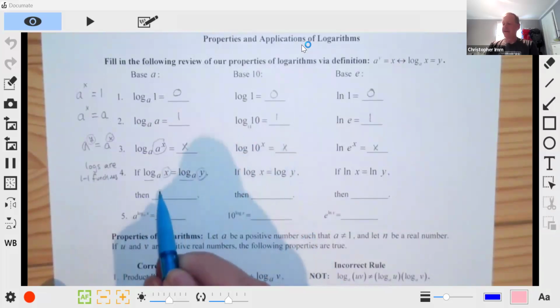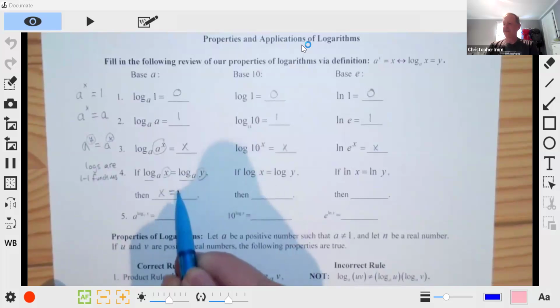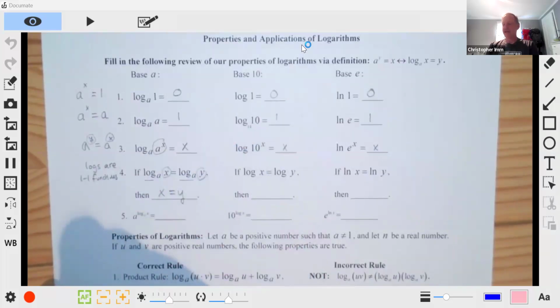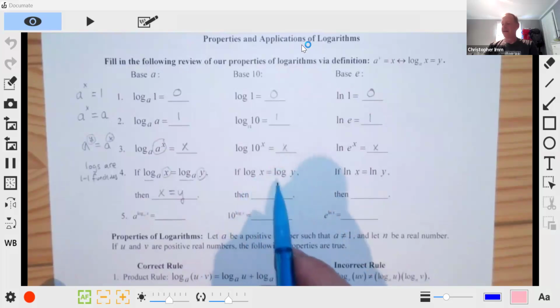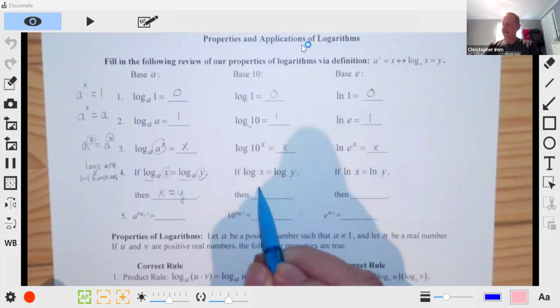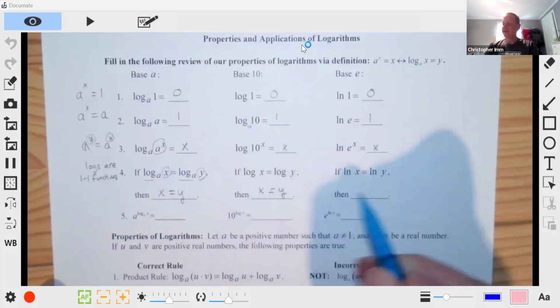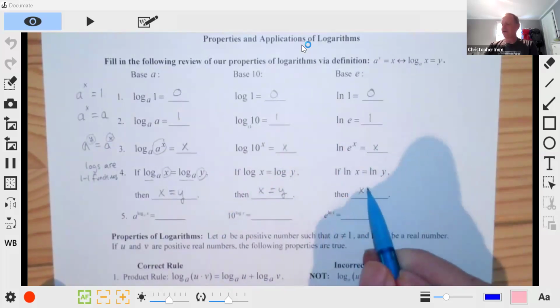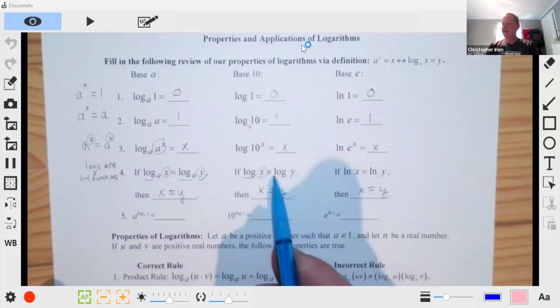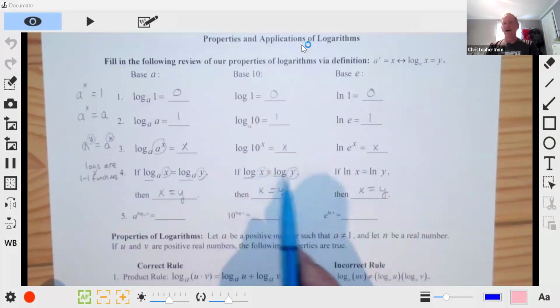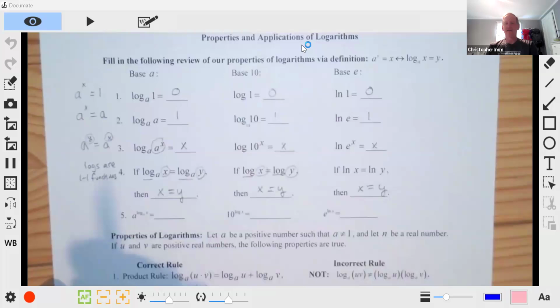So when the y values are equal to each other, since logs are one-to-one, their inputs are going to be equal to each other. So log base 10 of x equal to log base 10 of y would mean x is equal to y, and natural log of x equals natural log of y implies that x is equal to y. So if we have logs with the same base, we just set those inputs equal to each other.